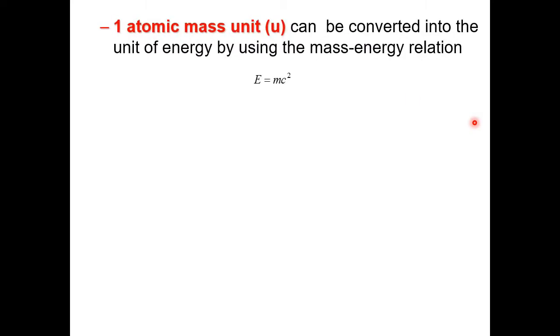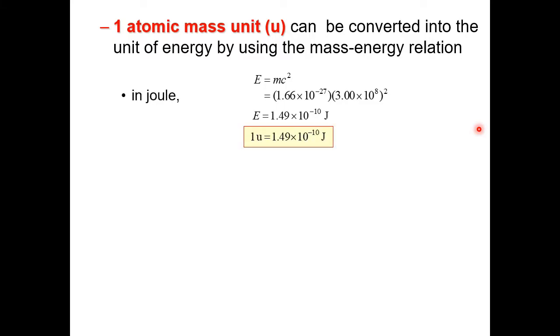U, or atomic mass unit, can be converted into a unit of energy by using the mass-energy relation. Since we know the energy is equal to mc squared, where m is mass, which is 1.66 times 10 to the power of negative 27 kg, times c squared, 3 times 10 to the power of 8 squared.